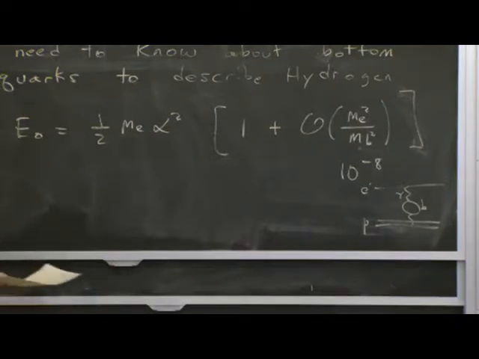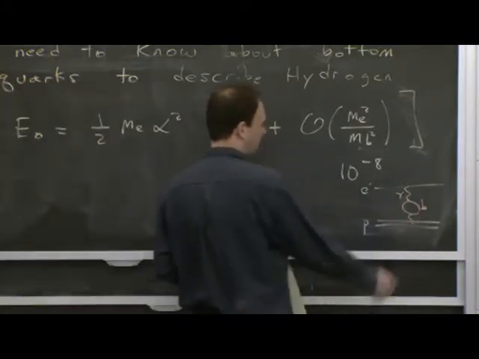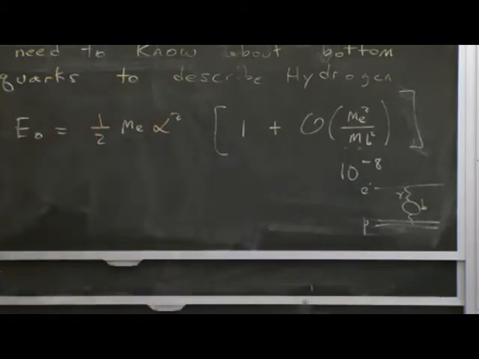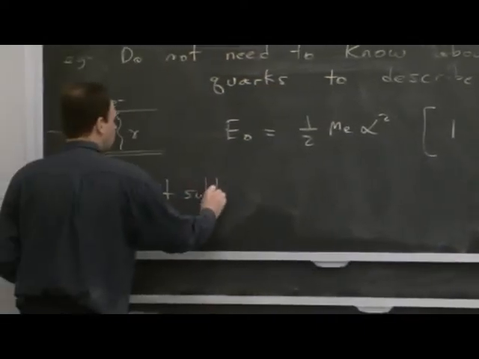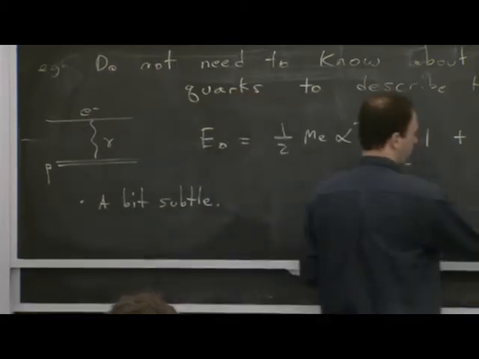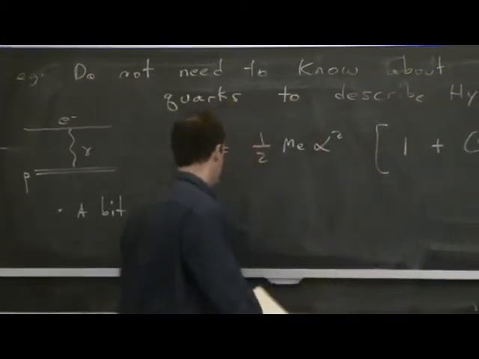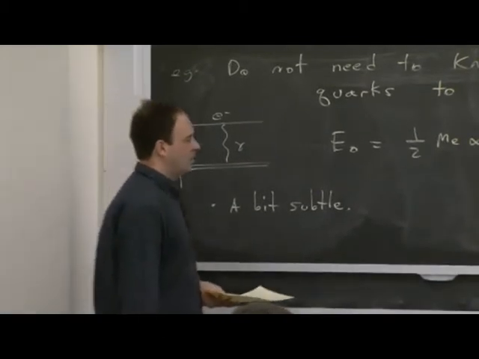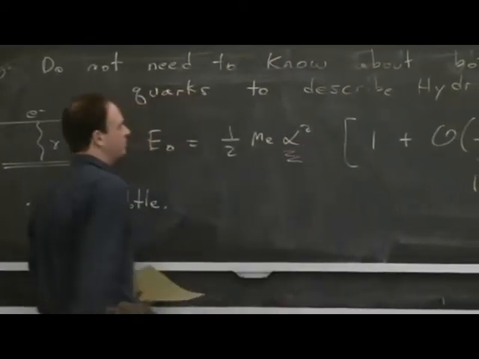And that's because a diagram like this also has other contributions besides just these ones that I mentioned here. So the basic picture is indeed correct that we can neglect the bottom quark because it's giving small corrections. But there is one subtlety, and that has to do with the fact that we have to decide what we mean by this coupling.